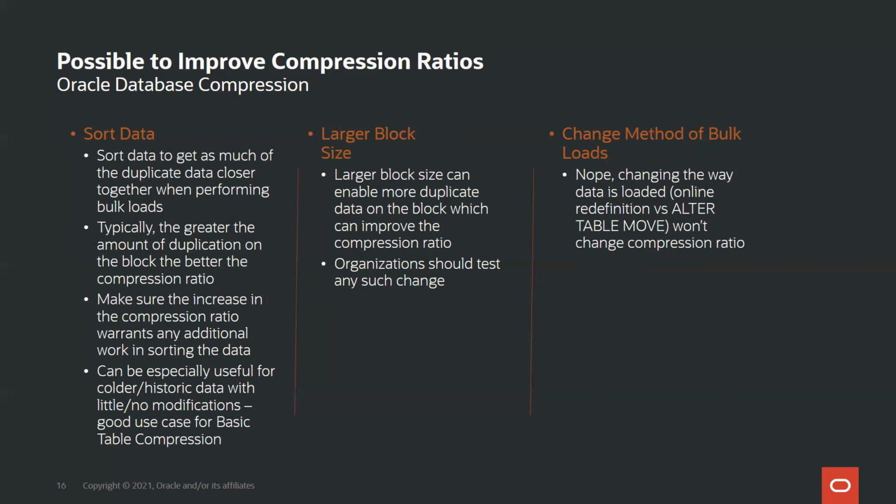But if you went from a 2.0 compression ratio to, let's say, 3.0, then it might be worth the extra effort it took to sort the data. You want to test this to make sure you are seeing a significant increase in the compression ratio to warrant the extra work it takes to sort the data.